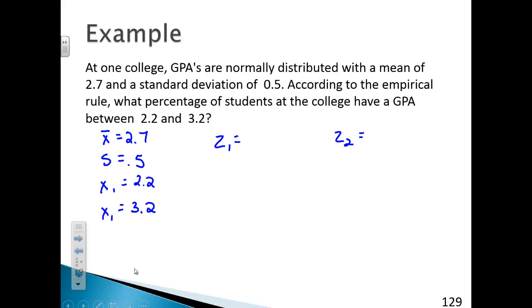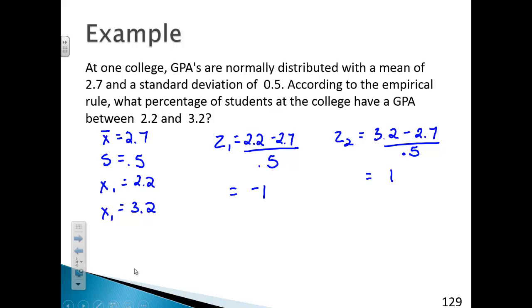So that's going to be 2.2, data value minus the mean, divided by the standard deviation. So for z2, we're going to take 3.2, subtract the mean, and divide by the standard deviation. Using our calculator to compute those, we should get a -1 for the first one and 1 for the second one.